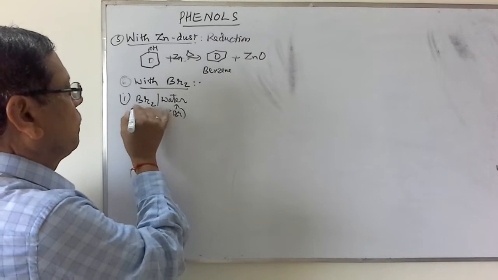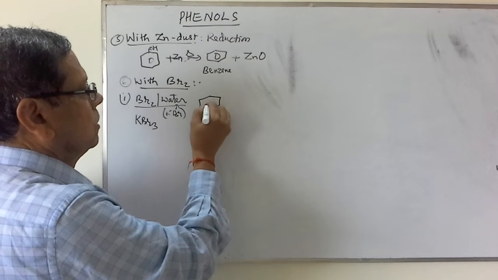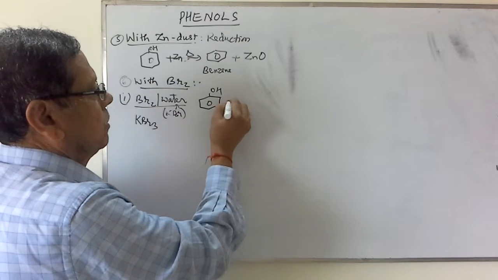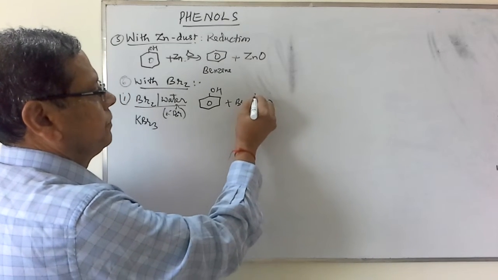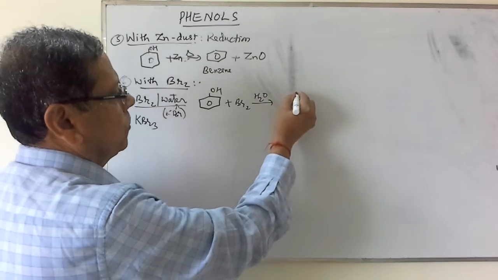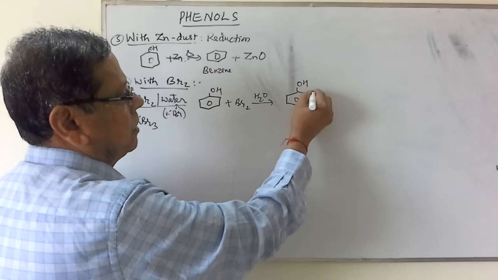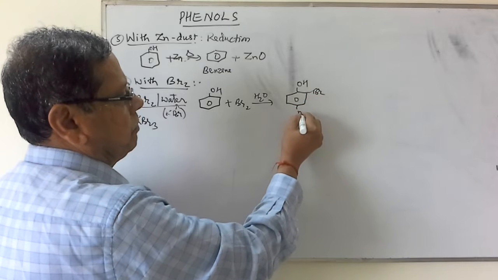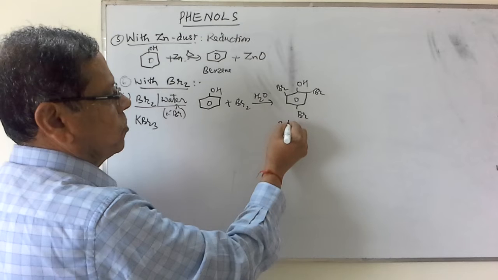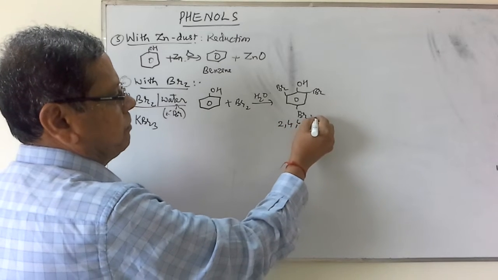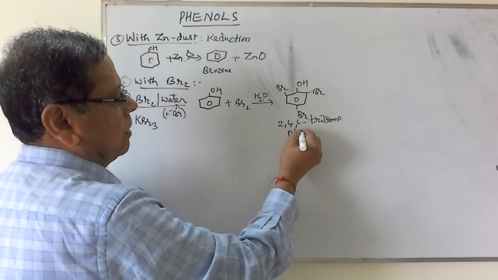So when phenol is treated with bromine water, it gives rise to a product immediately, a white precipitate of 2,4,6-tribromophenol, with OH and three Br.